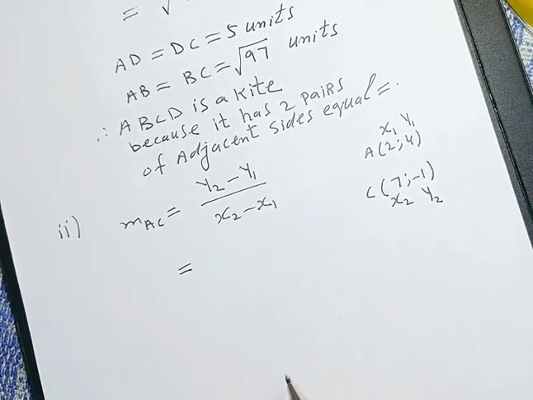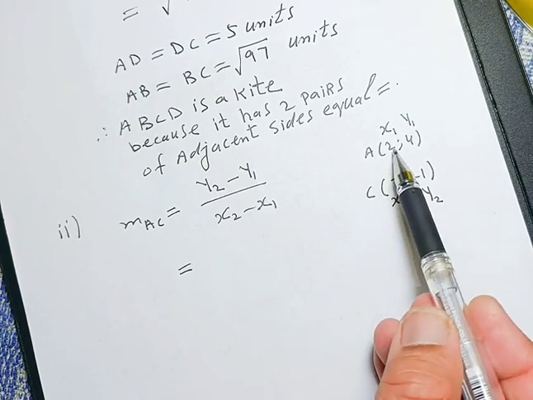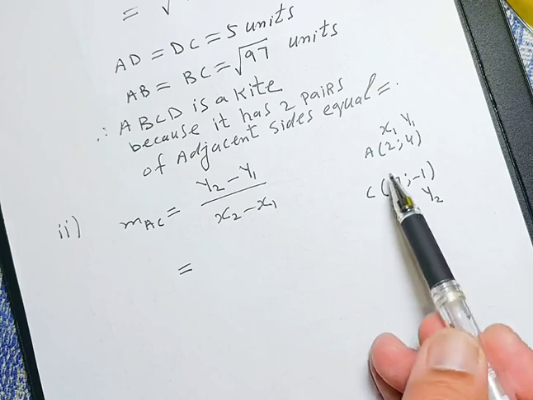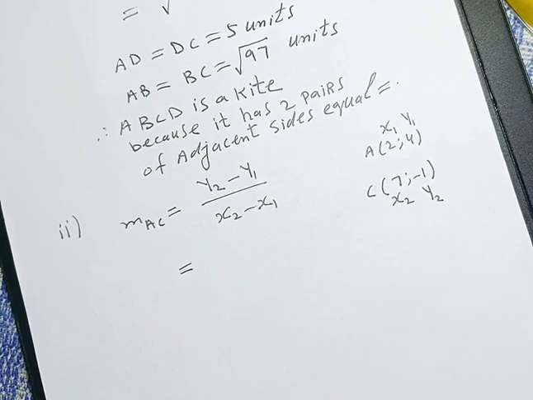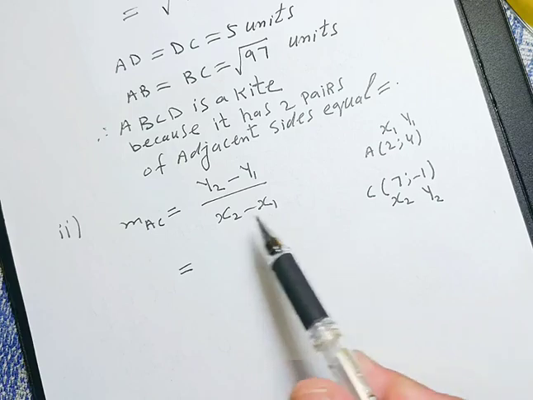This is my x1, y1, x2, y2. This is A and C, the diagonal AC. I need to take the gradient of this diagonal and plug these values into this formula.